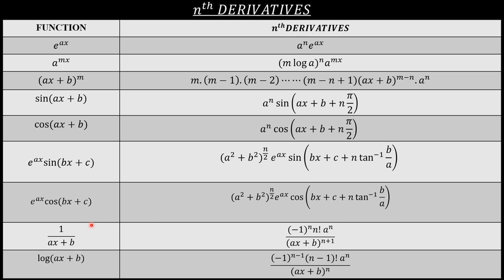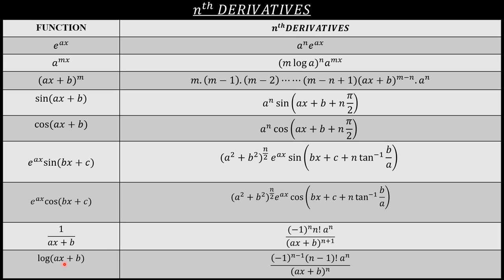The nth derivative of 1 by ax plus b is minus 1 to the power n multiplied with n factorial and a to the power n divided by ax plus b to the power n plus 1.